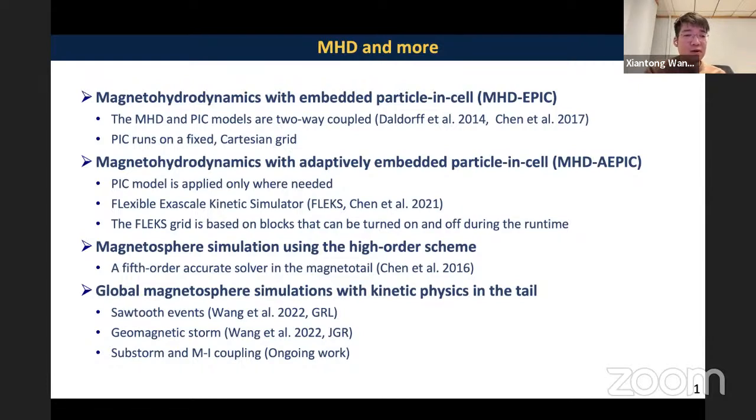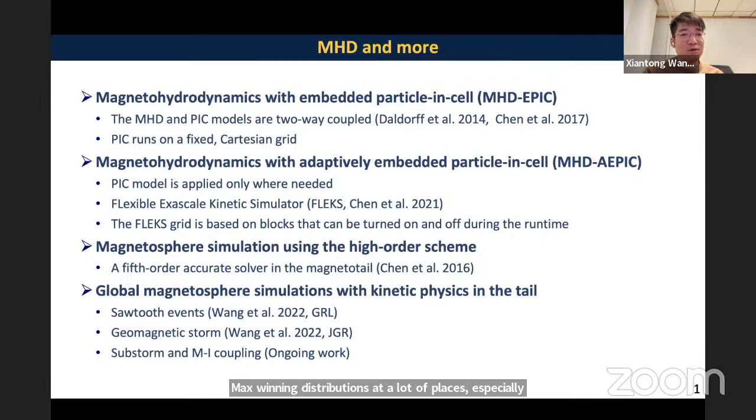And this is actually not true when we have more and more space observations. For example, the relatively new MMS observations, or even earlier missions, reveal that we have non-Maxwellian distributions in a lot of places, especially places related to magnetic reconnection.